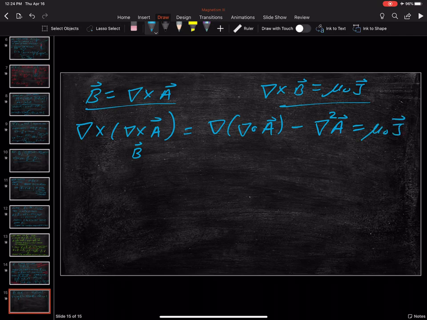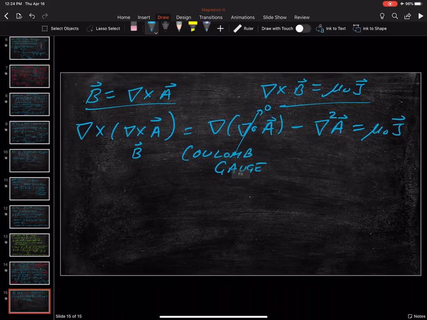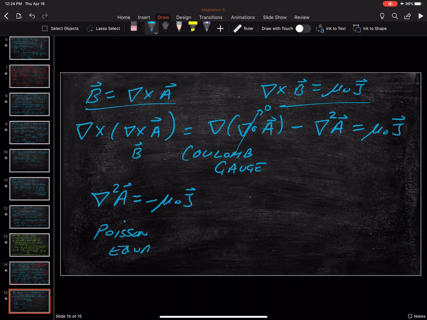Now, if I make that Coulomb gauge choice, if I choose to work in the Coulomb gauge, this is 0. And so now you notice my equation, del squared A equals minus mu naught J, which once again is the Poisson equation.